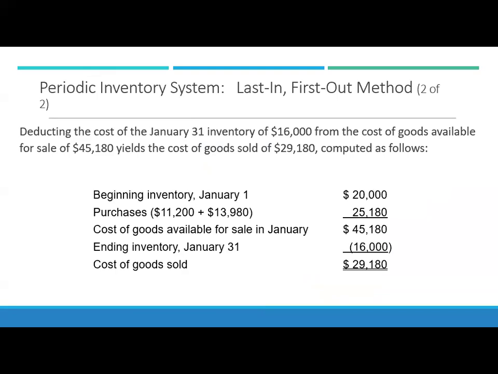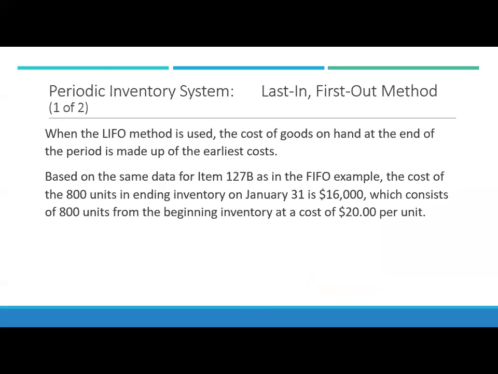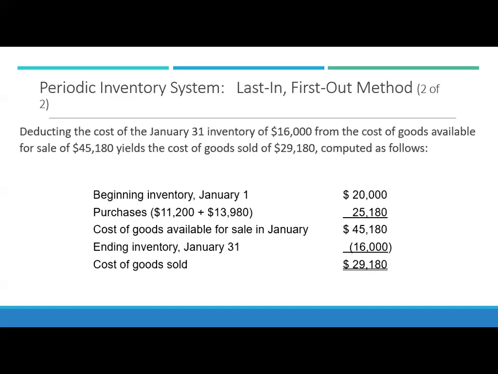And since this is the periodic method, we had 800 units in ending inventory. We had 1,000 units in beginning inventory. And so all 800 units in ending inventory are going to be $20 per unit inventory because we had enough in the first bucket to satisfy all the ending inventory under LIFO. And so that's going to be $16,000 in ending inventory.